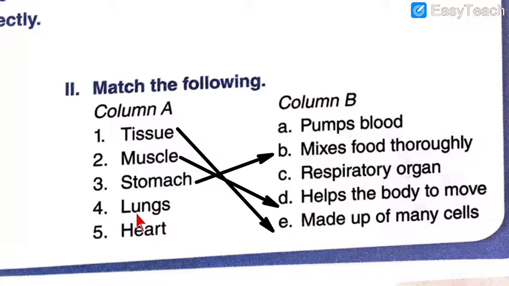Next one is number 4, lungs. So lungs are the respiratory organ. And the last one, heart, the last option left, pumps the blood. This is what you saw just before this paragraph, that the heart plays the role of pumping the blood to the different organs of our body.